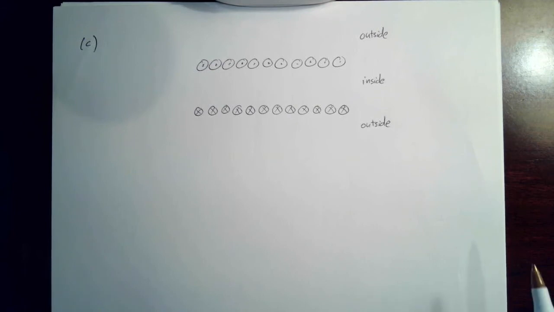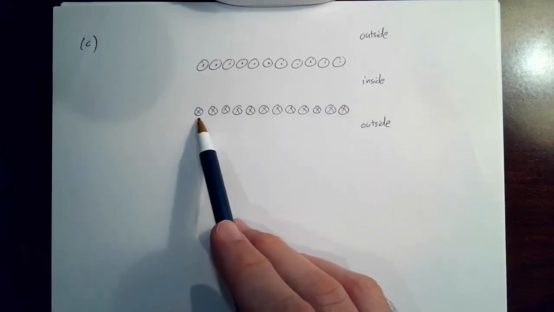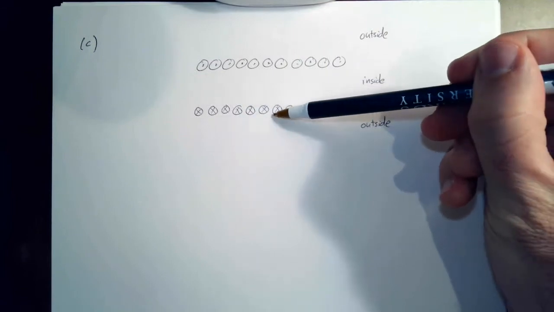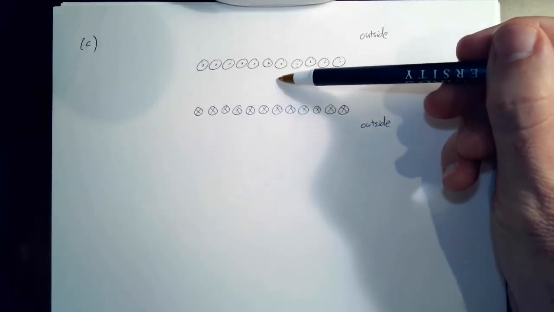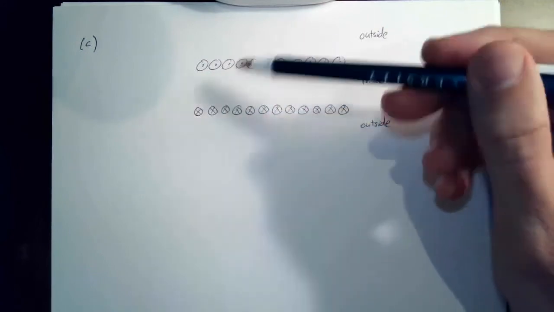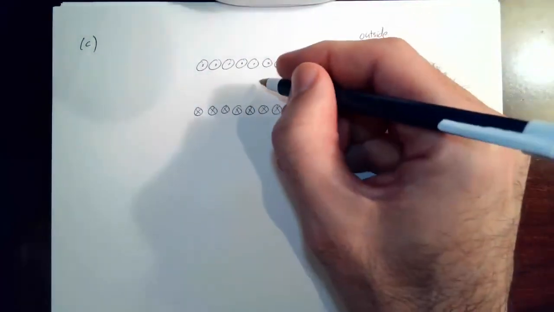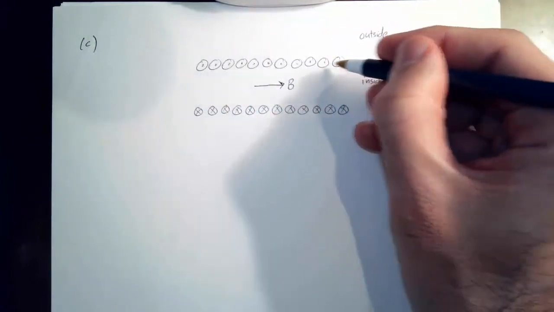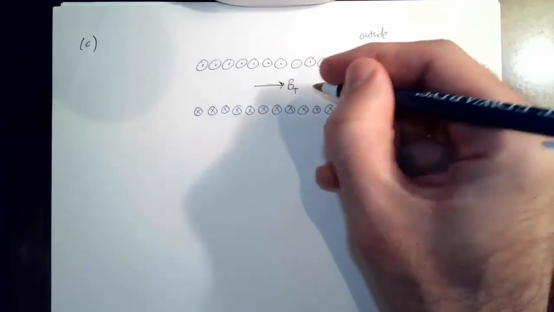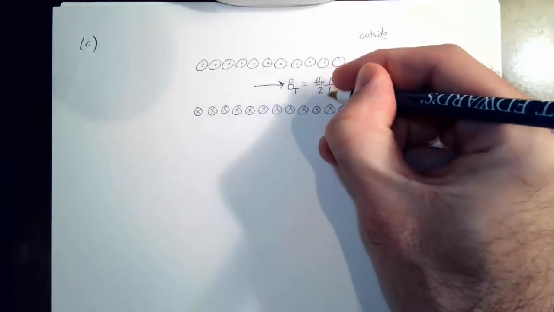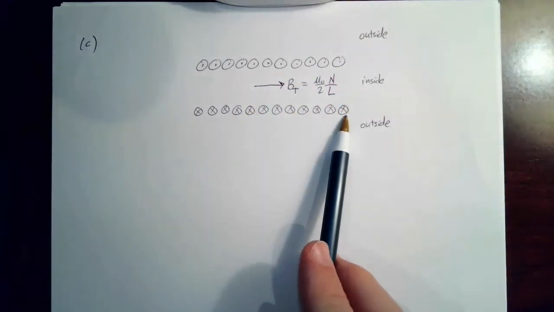Okay, so here's the entire solenoid now. I've got these currents coming at me and these currents going away from me. They come out of the page, they go down around the cylinder, go back into the page, go up on the far side of the cylinder, come back out, go down the near side, into the page, and so on. And we found that the magnetic field here, due to the top charges, so I'll call that B top, was mu naught over 2 N I over L. What about the bottom?